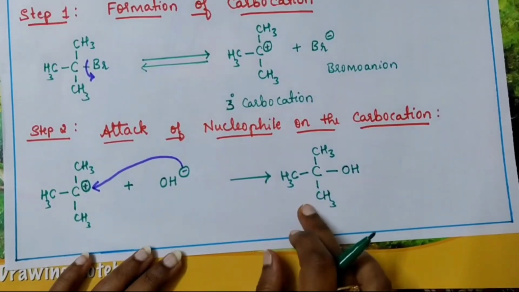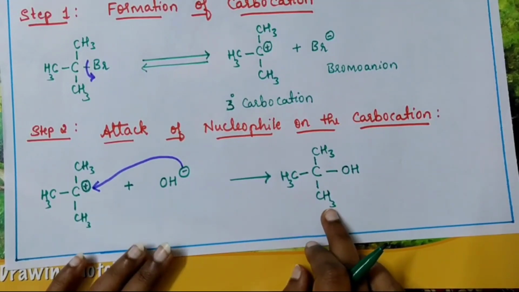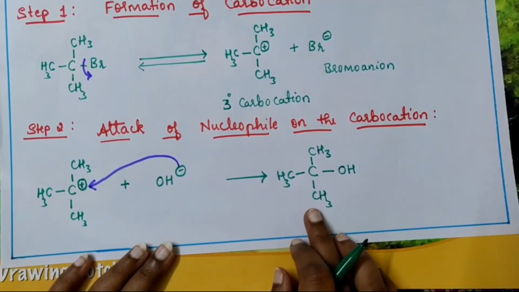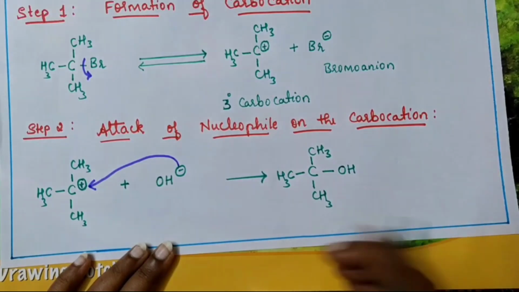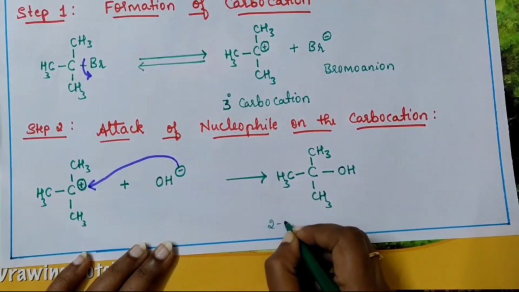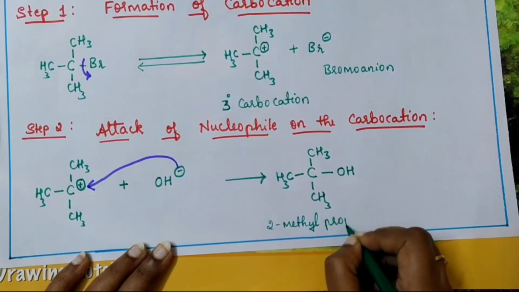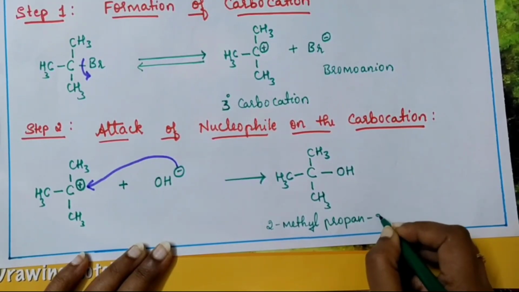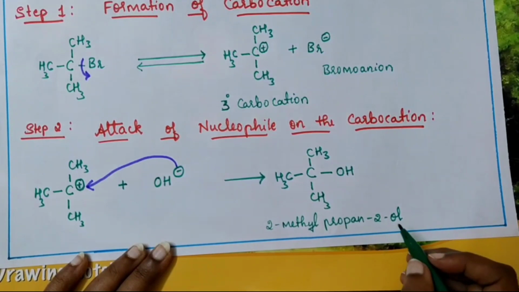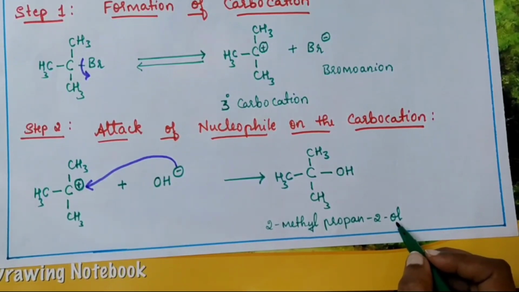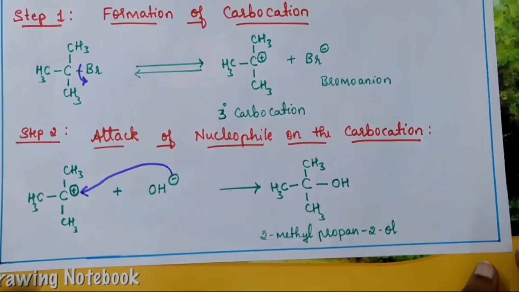And what is the name of this compound? Generally you can say it as tertiary butyl alcohol. You can also say it as 2-methylpropan-2-ol. Remember guys, don't make the mistake while writing ol. Okay, al is aldehyde, ol is for alcohol.